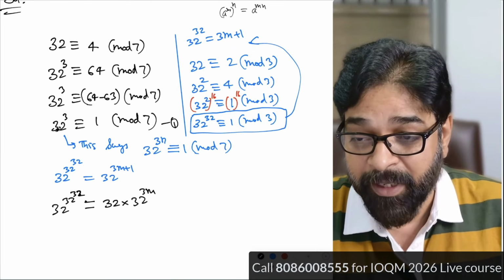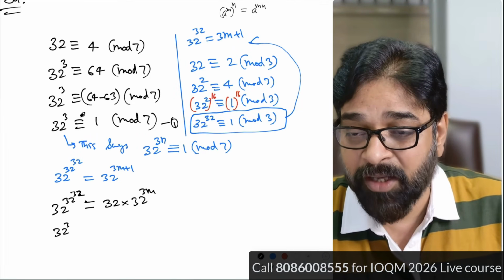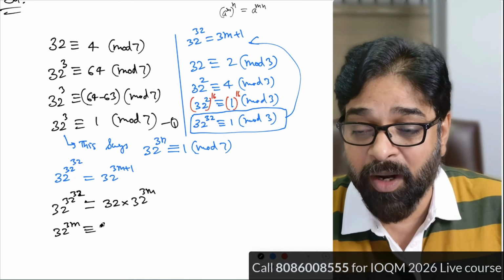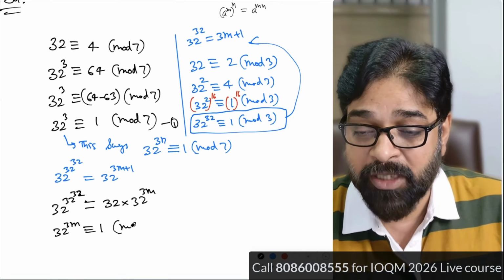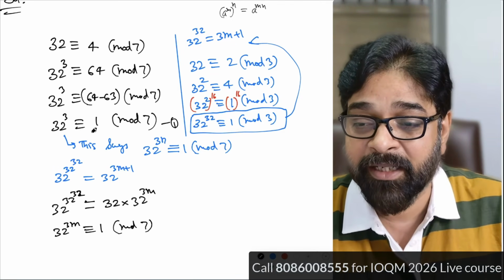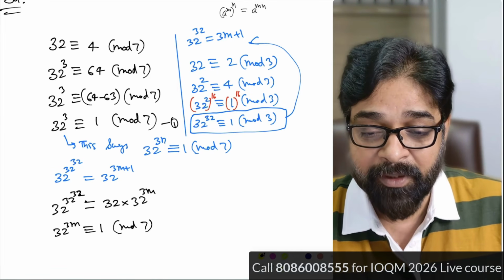Think from here: 32 to the power 3 is congruent to 1 modulo 7. So 32 to the power 3m will be congruent to what? 1 modulo 7, because on both sides I can put power m. If you put power m here, concentrate, all of you able to understand this portion?